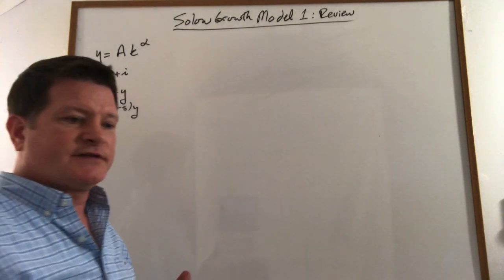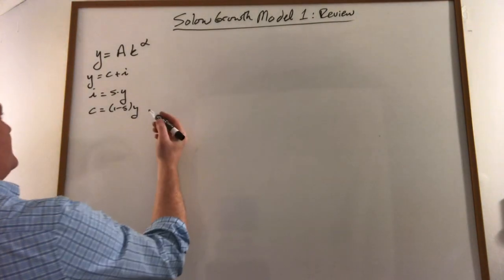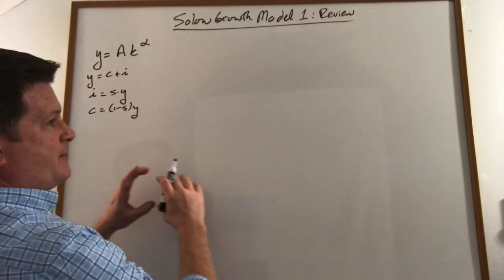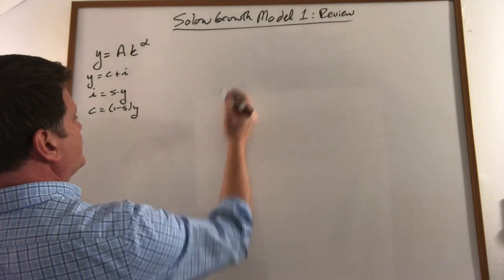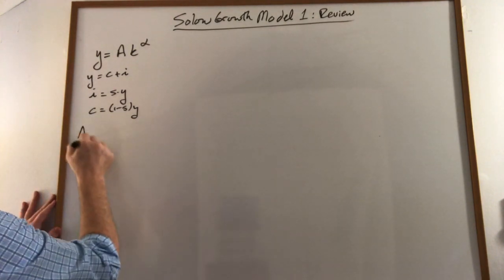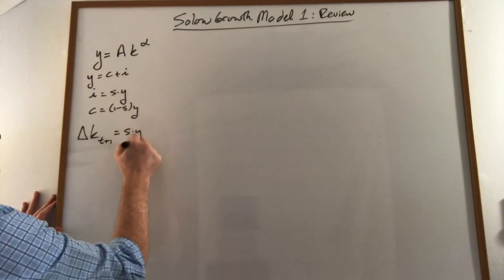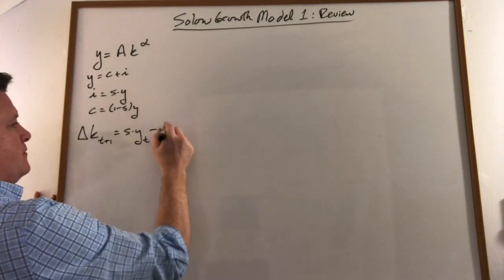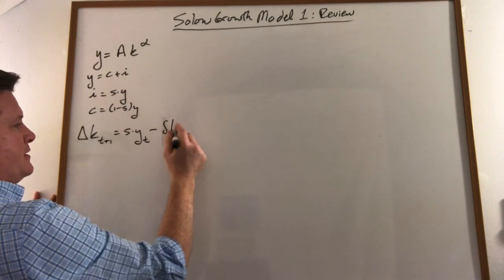We graph this and we focus on the steady state. The steady state is defined as when capital is constant. And to look at that, we need a capital accumulation equation, the last official important equation. And that is the change in capital is our investment minus delta k_t.